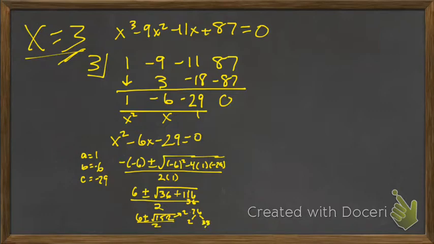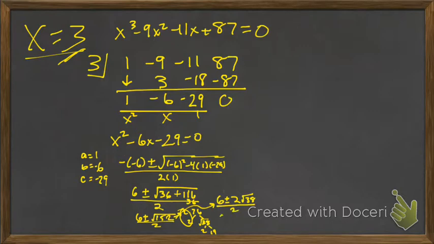And then I can take another 2 out of that, which would be 19. So at the end of the day, I have a pair of 2's I can pull out, and I'm going to be left with the square root of 38. So, let's see if we can simplify this ugly guy. We have 6 plus or minus 2 square root 38, all of that over 2.